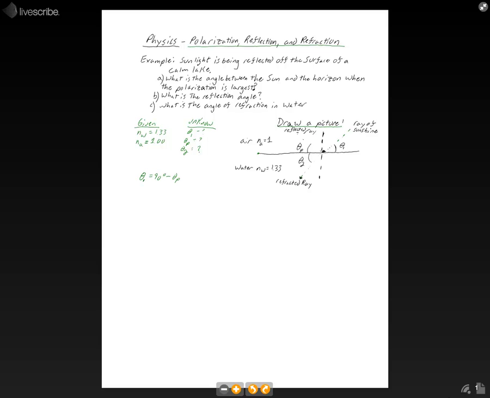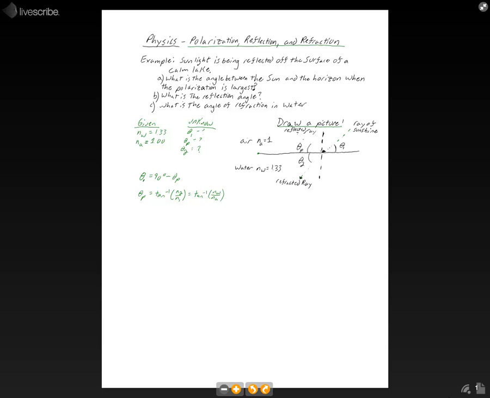So we know that, and then to find theta p, the polarization angle, we're going to have to do the tangent inverse of N2 over N1, which is, in this case, going to be your tangent inverse of N sub W, so the water, over the air.